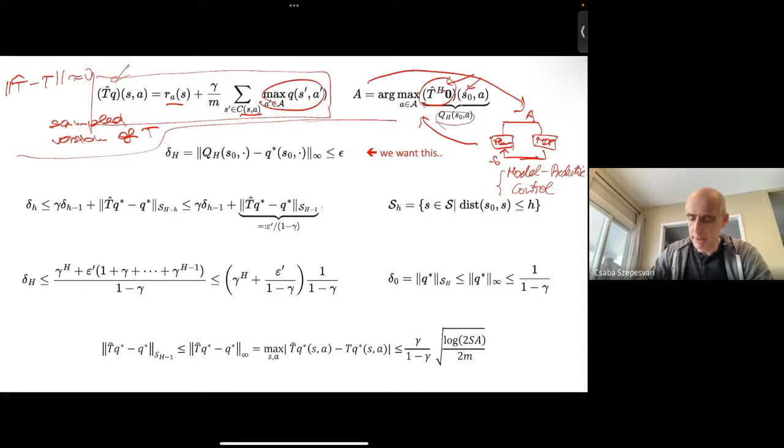This is your action value function. And so if we know that maybe this holds, then we would hope that the policy that we also read out is going to be good based on the previous lemmas.